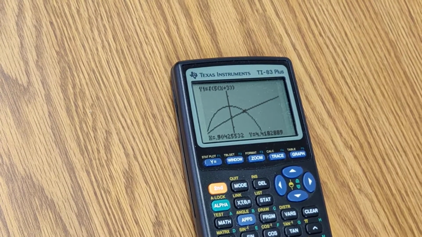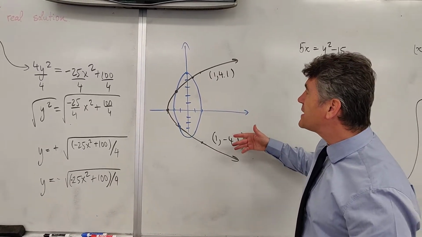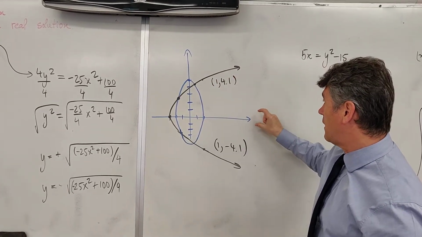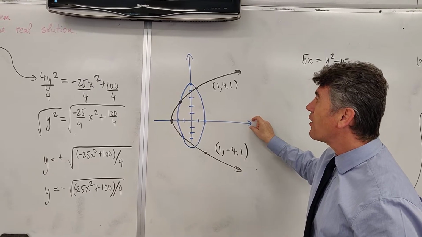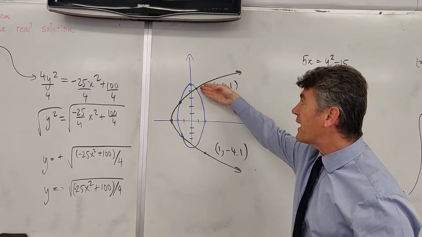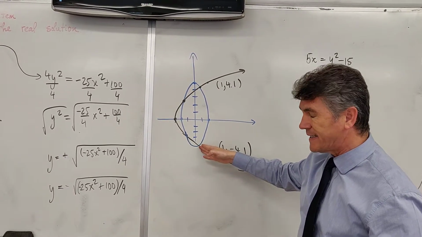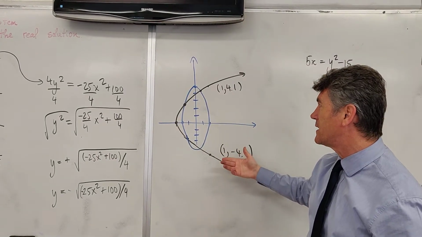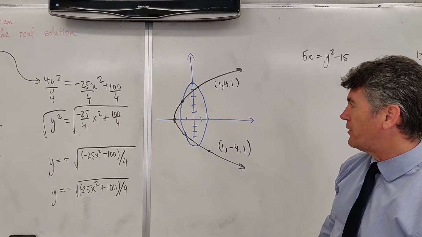If we look at other graphs on the board, we notice that the ellipse and the parabola are both symmetric with respect to the x-axis. So once I found the point above the x-axis, I know the point below the x-axis, because both points will have the same x-coordinate, but the y-coordinates will be opposite of each other.